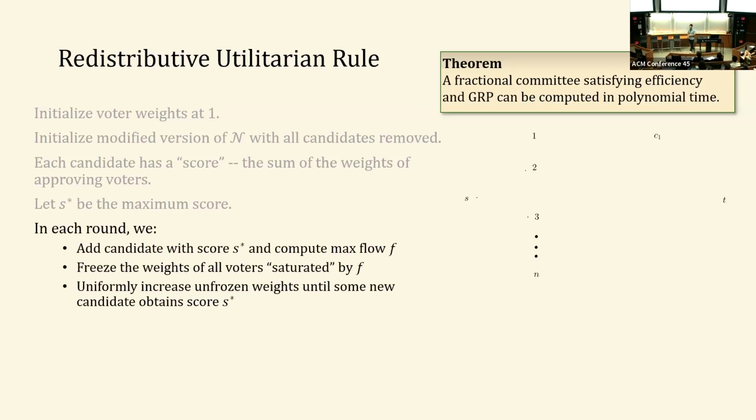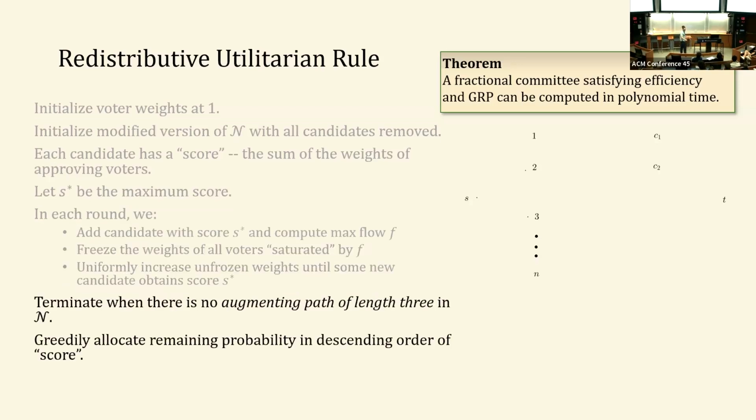We're then going to compute a max flow through the resulting network. We're going to then freeze the weights of any voters who are saturated under that flow, meaning there's K over N flowing through that node. We'll then uniformly increase the unfrozen weights until there's some new candidate that obtains score S star. We'll add them to the network and we'll continue in this fashion.